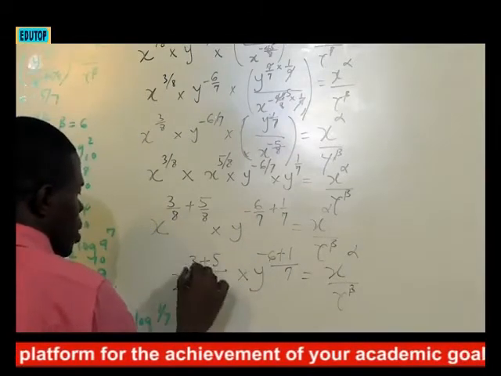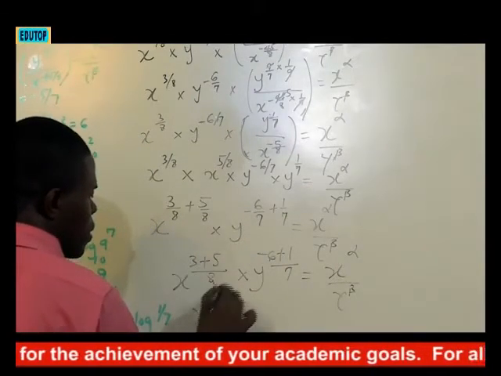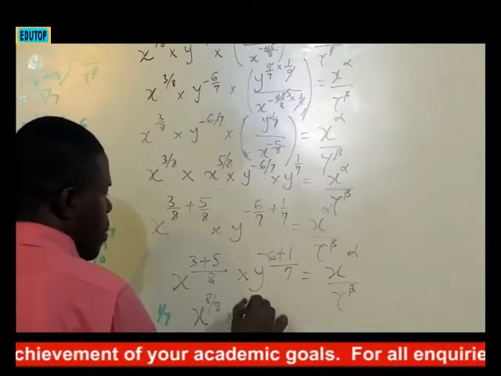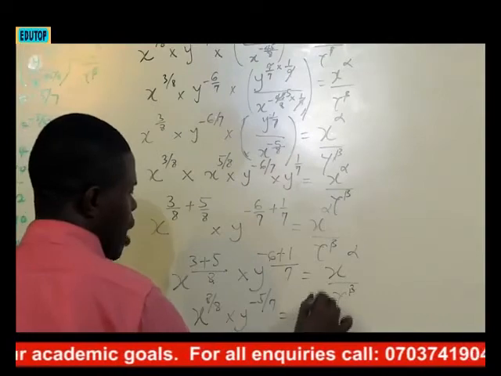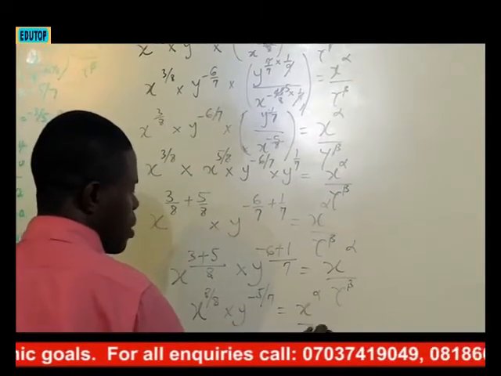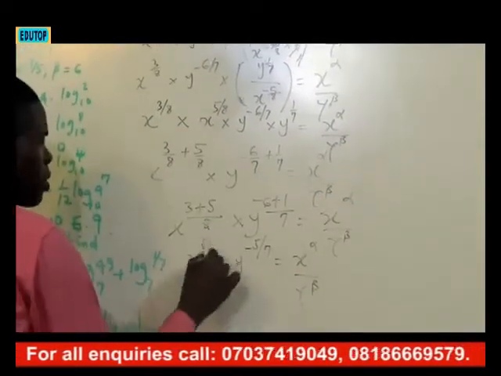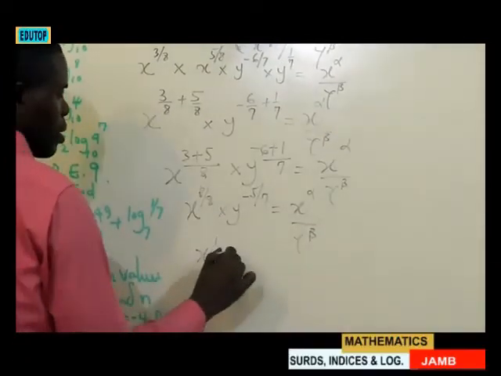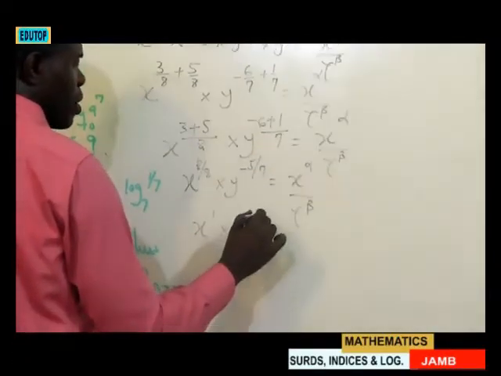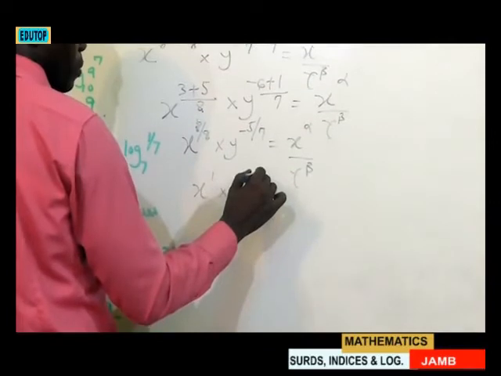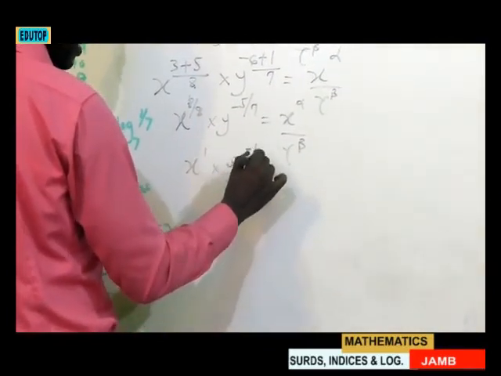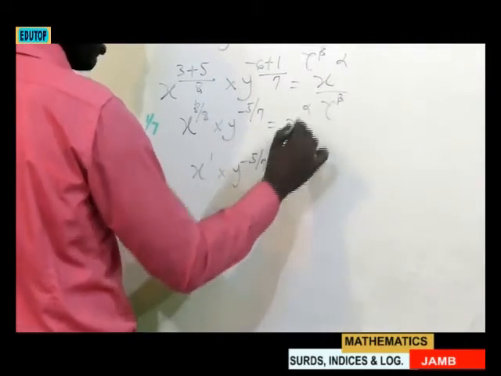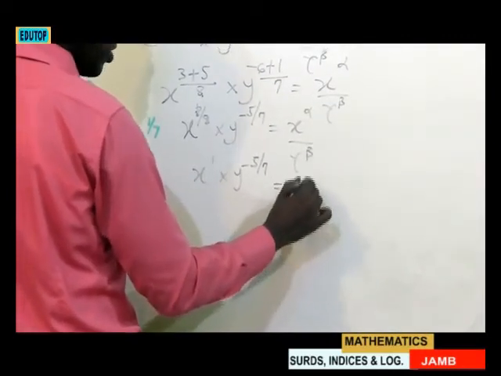Then this one becomes, this plus this, 8 over 8 times y to the power minus 5 over 7, equals x^alpha y^beta. Now this one becomes x raised to the power 1 times y raised to the power minus 5 over 7. Then this one can now be x raised to the power alpha.